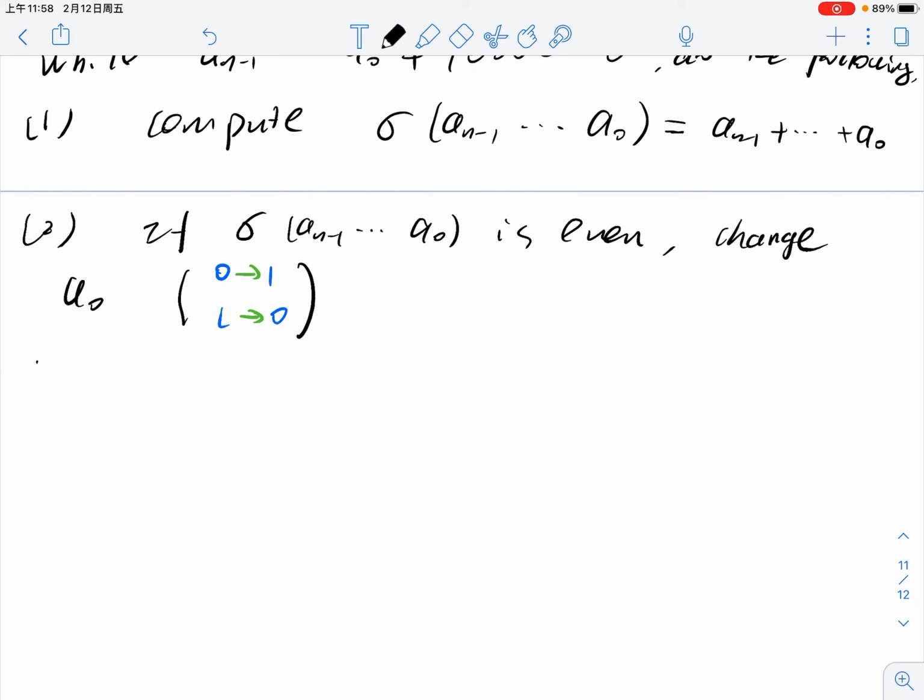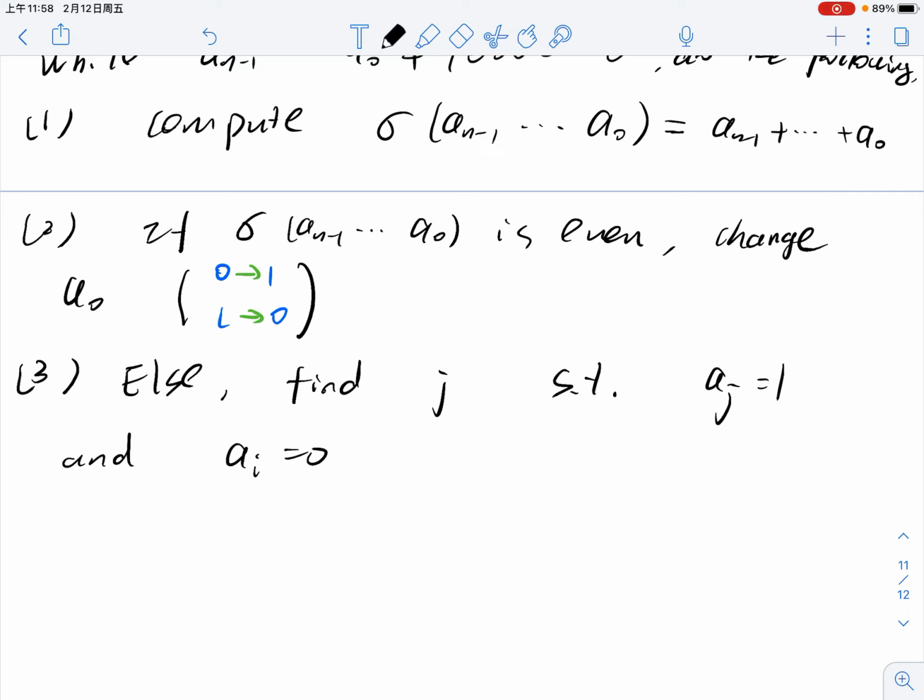And otherwise, find j such that A_j is 1 and all the items on the left are 0.